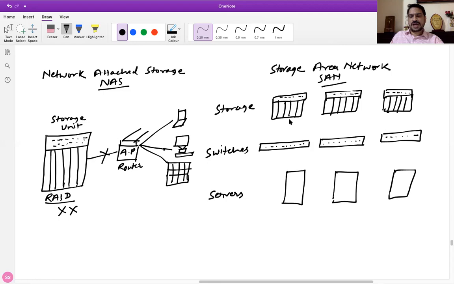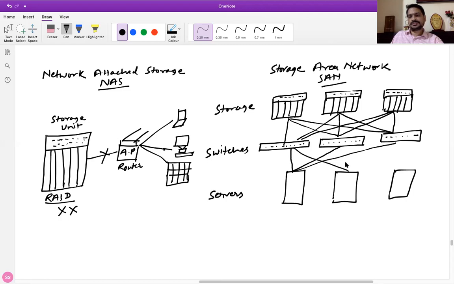Now what is the architecture it has? It will be connected with all these switches, right? And it is also connected in the same form. You can say it is just like a mesh network.